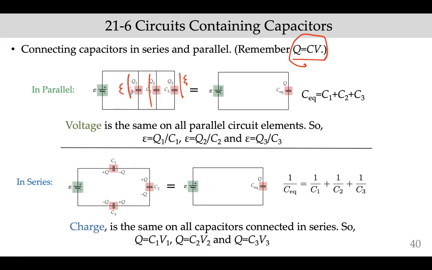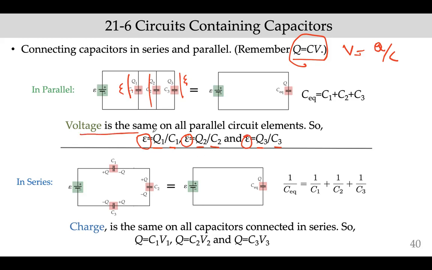So basically voltage equals Q divided by C. For the first one, it will be epsilon equals Q1 divided by C1. For the second one, epsilon is equal to Q2 divided by C2. And for the third one, epsilon is equal to Q3 divided by C3. But notice that they are the same epsilons, the voltage of the battery. Why?